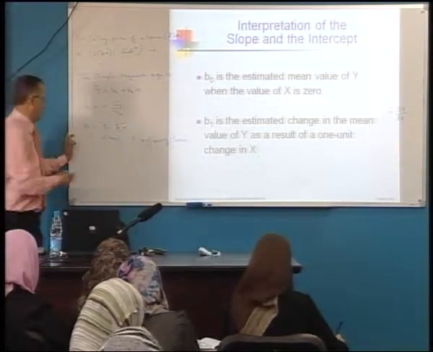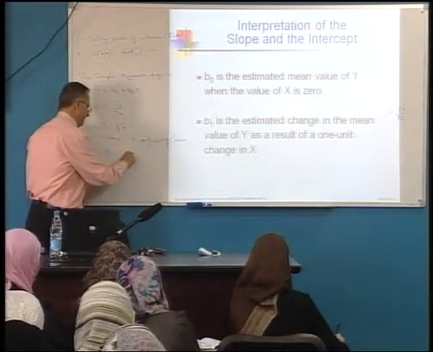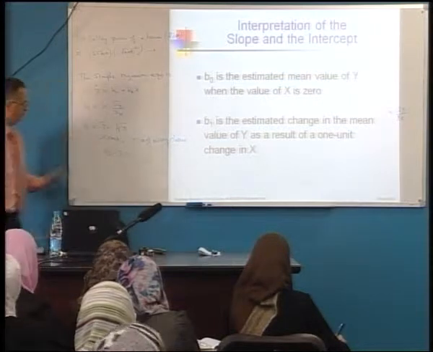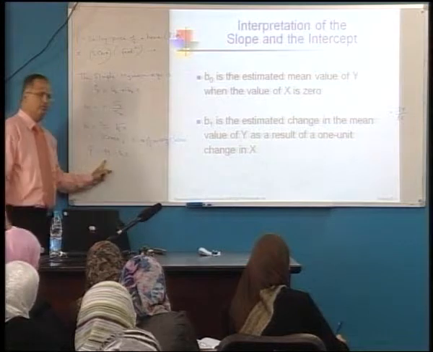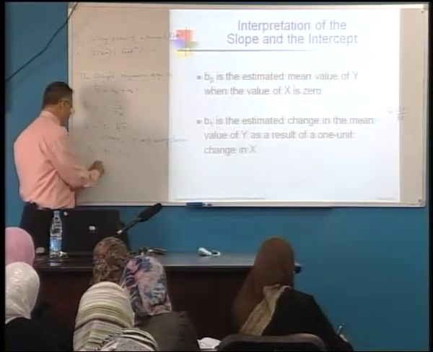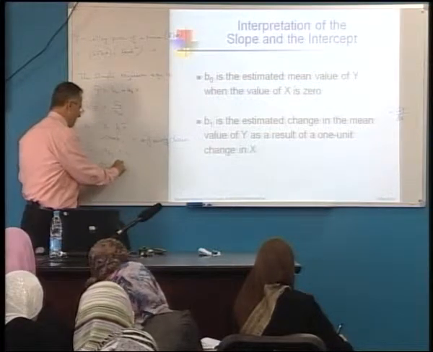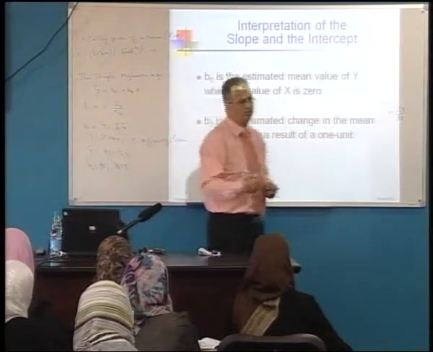And suppose, for example, y hat equals 95 minus 5x. Now let's see what the interpretation of b0 is. This is b0, so b0 is 95, and b1 is negative 5. Now what's your interpretation of b0 and b1?